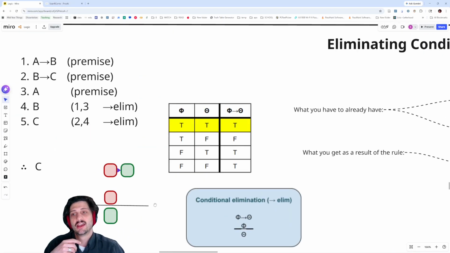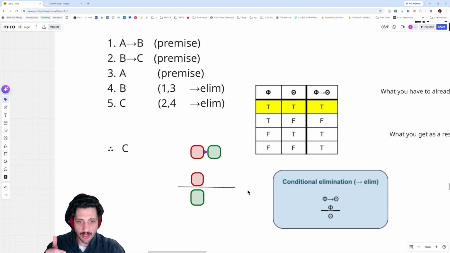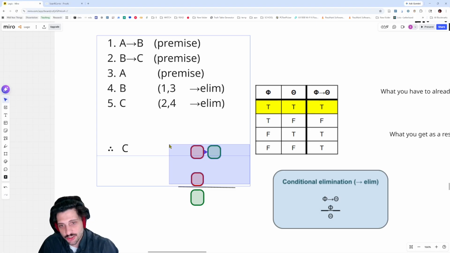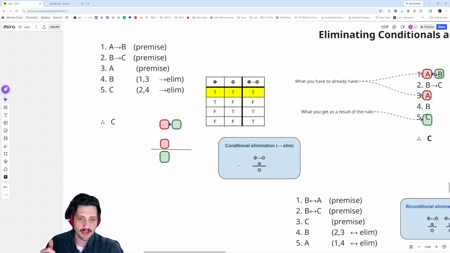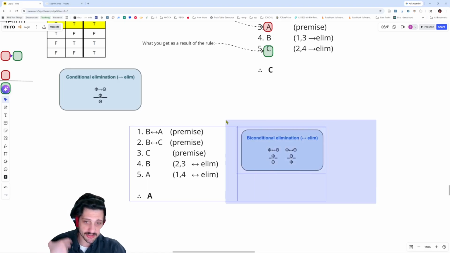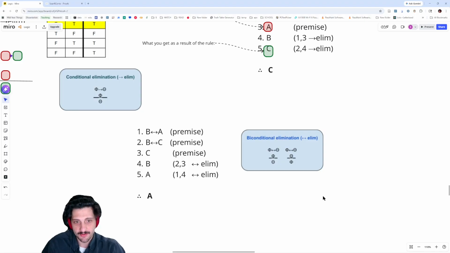Exercising conditional elimination is really about just doing this pattern recognition. Just trying to find, do I have a conditional and the left-hand side? Oh, great, I can get myself the right-hand side. And then biconditional is really just a more lenient example of that. You don't have to care whether it's the left or the right-hand side. If you have either one of them, you get the other for free.